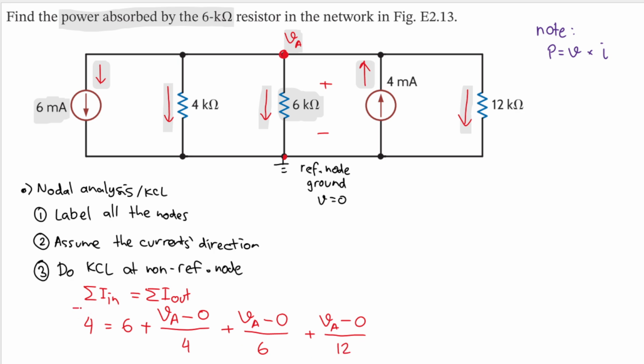Good. Now we can multiply both sides by 12 to cancel out all the denominators, right? 4, 6, and 12 all will cancel into 12.